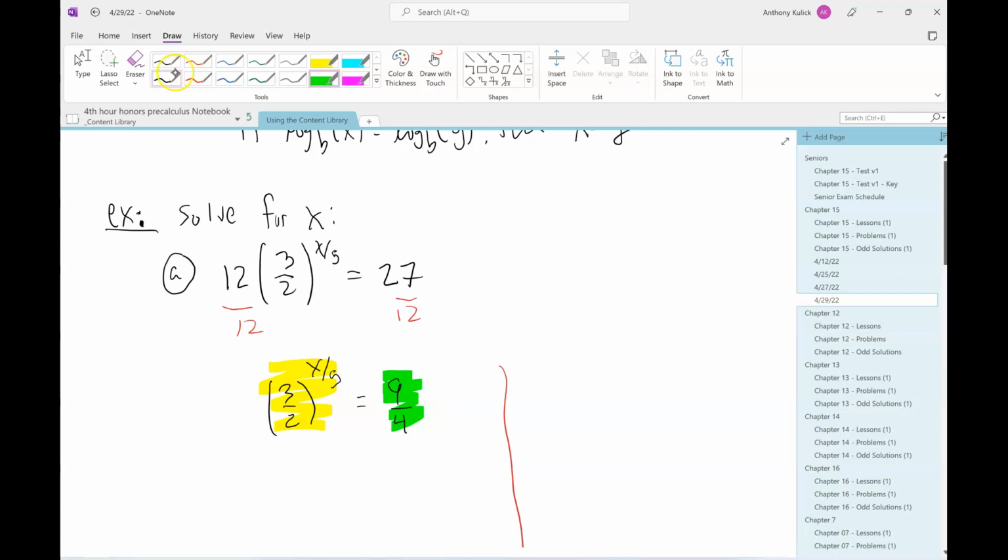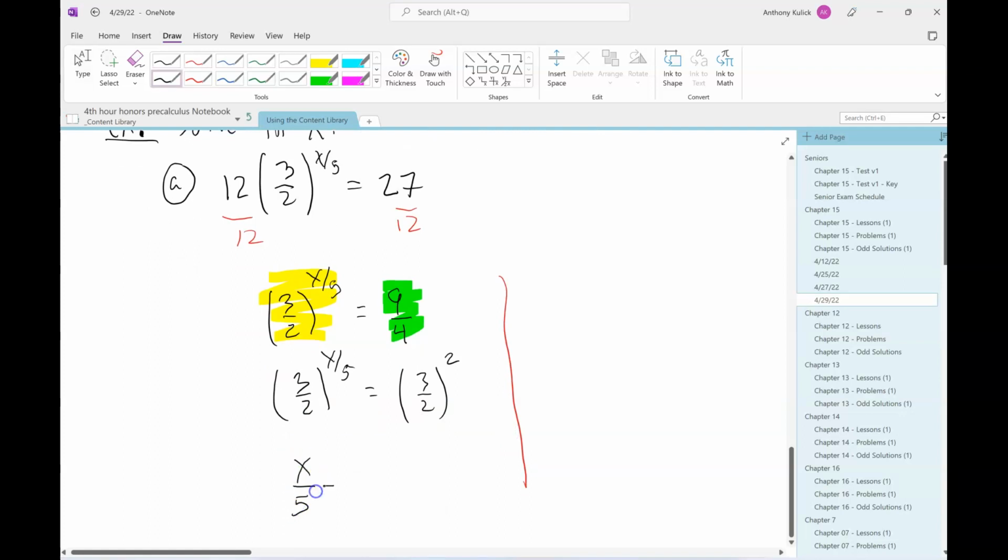So how can I rewrite 9 over 4 as a power of 3 over 2? Squared, right? 3 over 2 squared is 9 over 4, because 3 squared is 9 and 2 squared is 4. Easy.